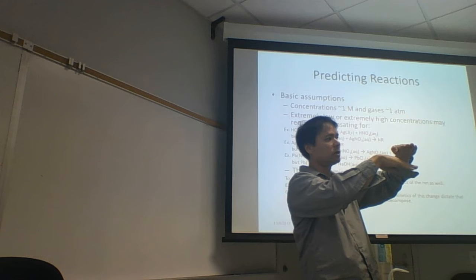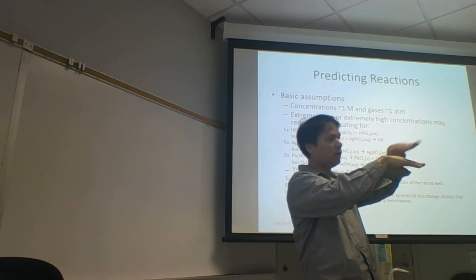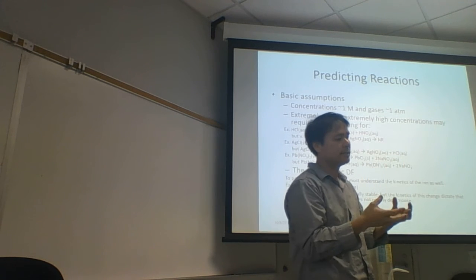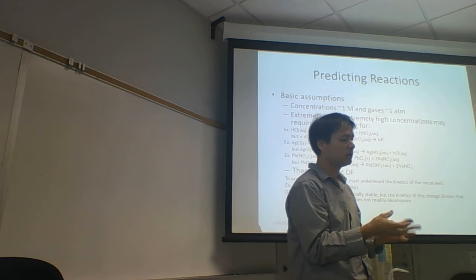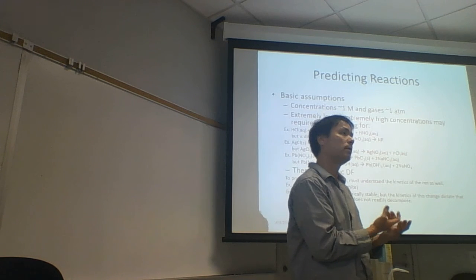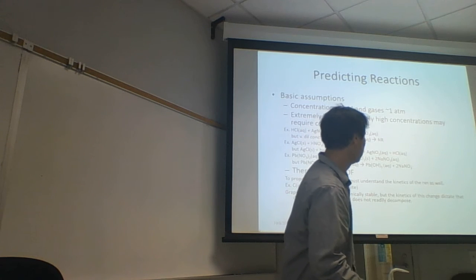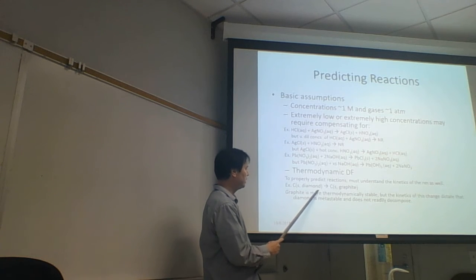Diamond is higher in energy, so it should fall down to graphite. But the problem is it takes too much energy to break all the bonds in diamond and rearrange them to form the more stable bonds in graphite, so it's just not feasible. And so we have something called kinetically stable but thermodynamically unstable.